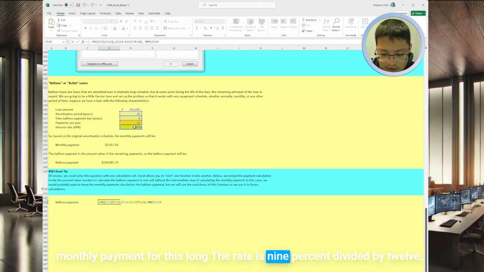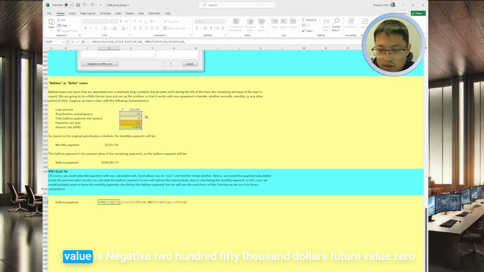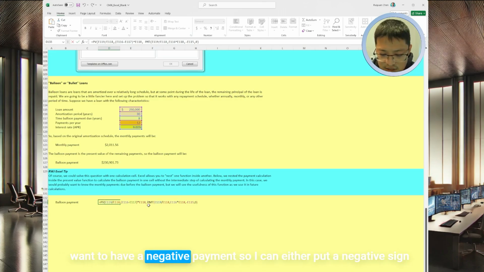The rate is 9% divided by 12. And the number of periods will be 30 times 12. And the present value is negative $250,000. Future value is 0. Notice one thing here. The payment, if we make the calculation, will be positive, right? In order to have a positive present value, we want to have a negative payment.